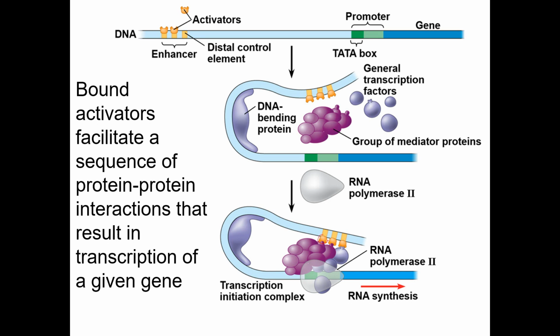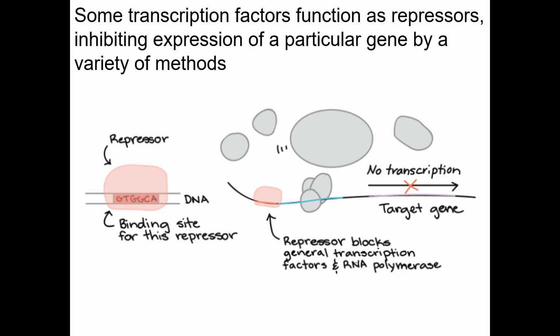So these activators will actually be very specific for these enhancers, and the enhancers are very specific just for this particular gene. Some transcription factors function as repressors. So in this case, here's a repressor. It's a protein that can bind to the DNA, and it only binds to this section of DNA. And that section of DNA is called a silencer.